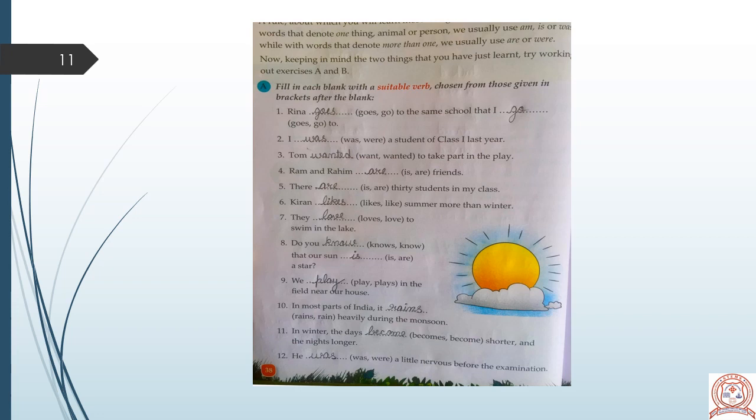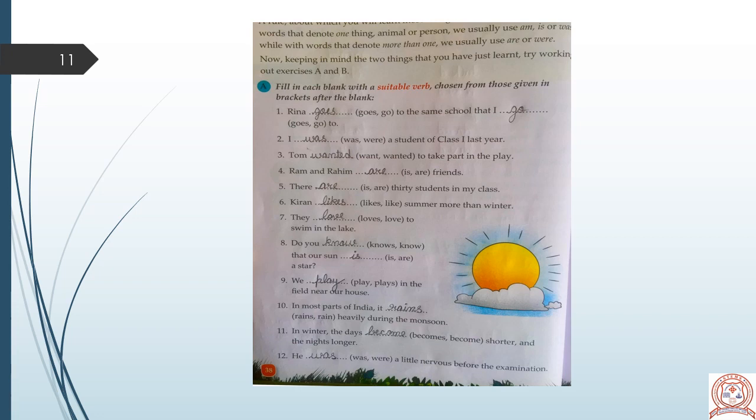Now let's start. Reena dash to the same school that I dash to. Now we will write goes, and in the next blank, the same school that I go to. Goes and go. So it is goes and go.